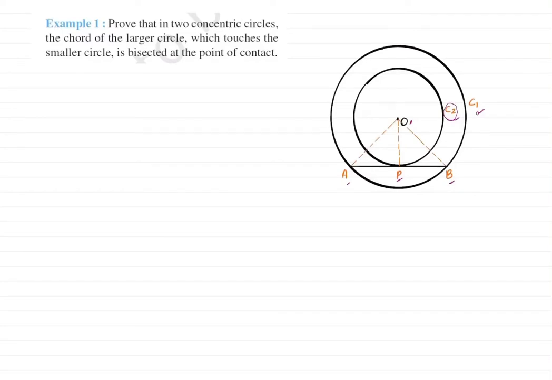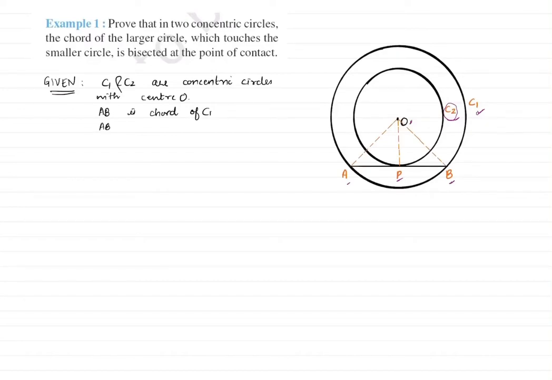Okay, so given: C1 and C2 are concentric circles with center O. AB is a chord of C1.